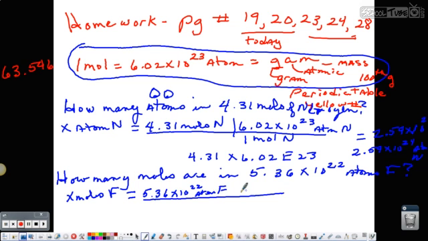So what are we trying to get rid of? Atoms. So what number goes with atoms in our equal thing up here? 6.02 times 10 to the 23rd atoms of fluorine. I think I put a nitrogen again. And what number goes with moles? 1 mole fluorine equal.